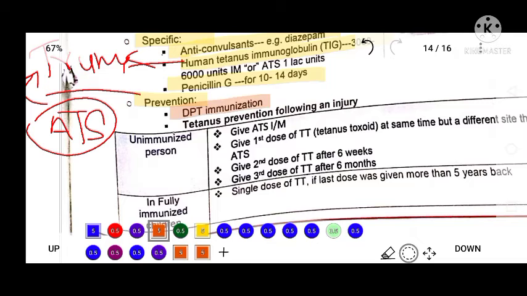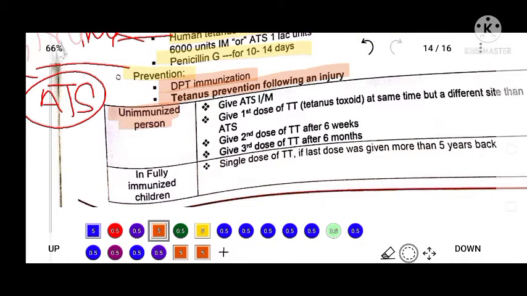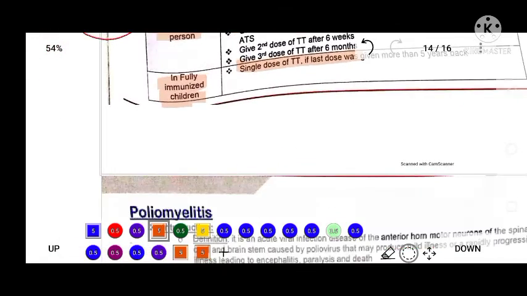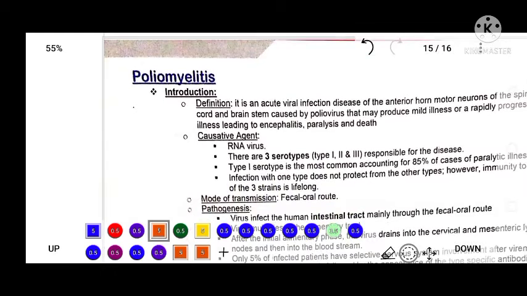Preventive measures are diphtheria, pertussis, tetanus (DPT) immunization, and tetanus prevention should be given following an injury. In an unimmunized patient, give ATS intramuscularly, and in a fully immunized patient, a single dose of tetanus toxoid should be given. So in this way, we can manage tetanus and save the life of the patient.